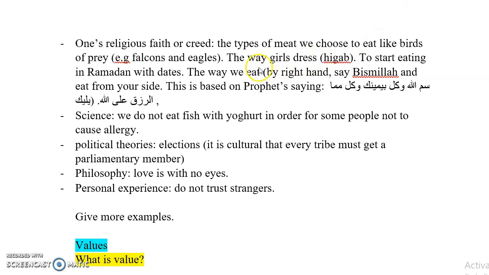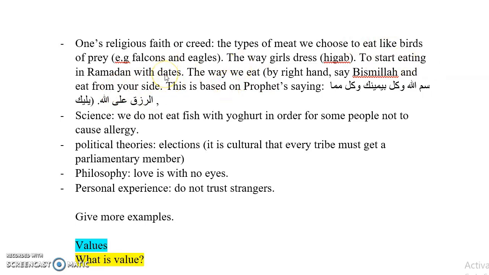Another example is the way girls dress. Nowadays, we have so many girls in the Jordanian society who wear al-hijab. This is actually a part of our religious faith. To start eating in Ramadan with dates is another one.